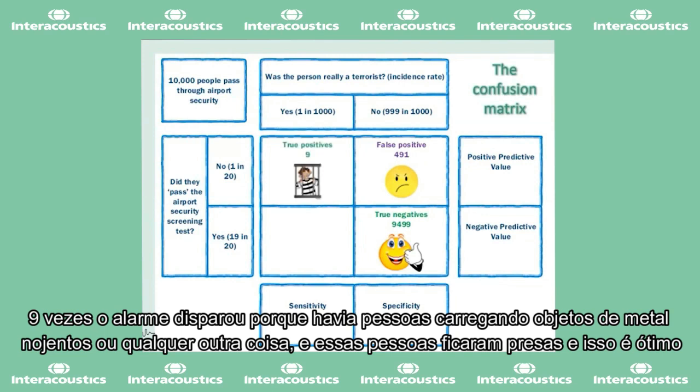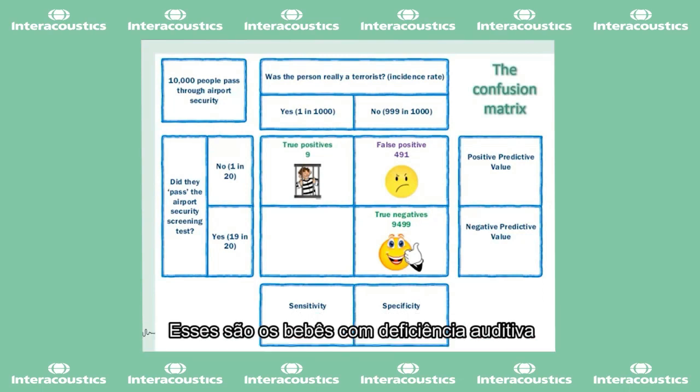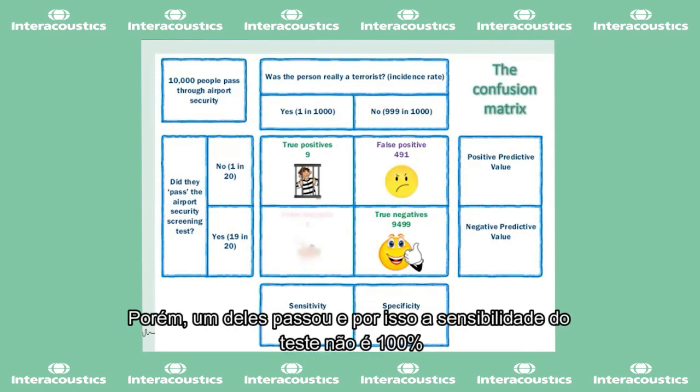9 times the alarm went off because there were genuine people carrying nasty metal objects or whatever. And those people have been trapped, and that's great. That's what we were trying to achieve. Those are the hearing impaired infants. However, one of them got through, and that's because the sensitivity of the test is not 100%.